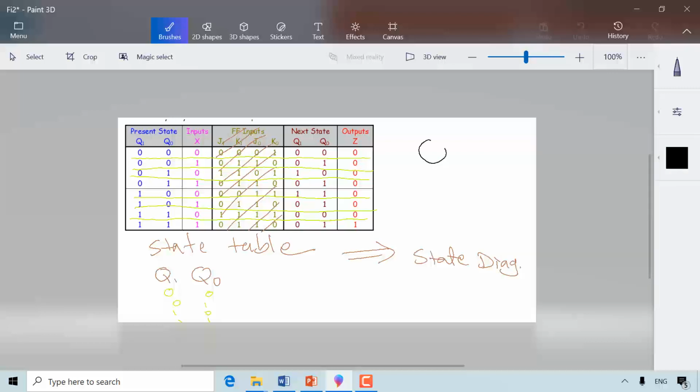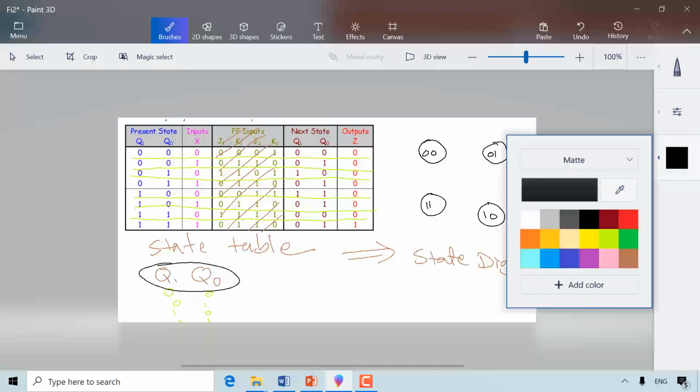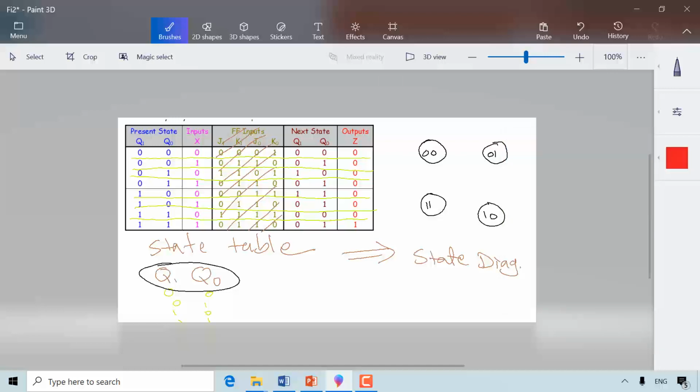I have four states: 0, 0, 0, 1, 1, 0, 1, 1. These are the two numbers coming from Q1 and Q0. Let's take this blue, or maybe red. We now need to start drawing the arcs.